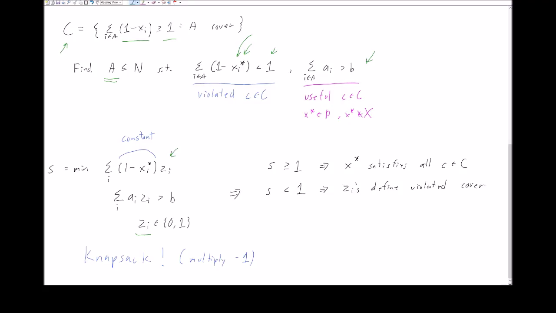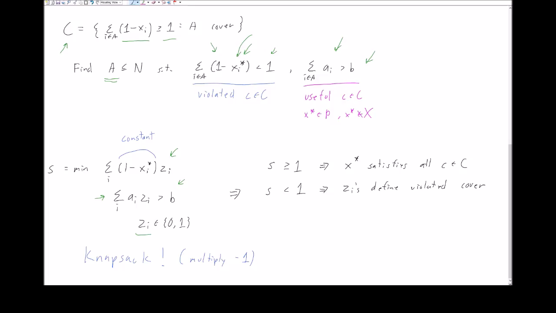Our objective function is going to be the one side of the inequality that we'd like to identify, the violated inequality. The constraint in our knapsack problem effectively tells us that the zi's have to form a cover. That is, the sum of all the constants associated with a zi equal to 1 has to be greater than b. Note that this exactly defines the sum of the zi's that are 1 as a cover.